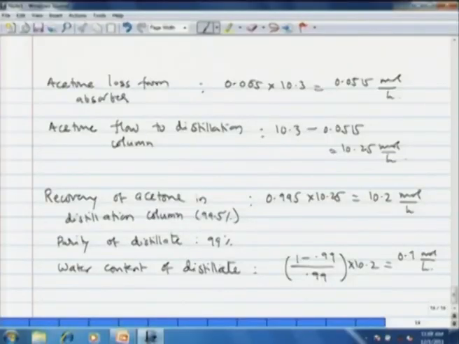Okay. Now, similarly we can do water balance.